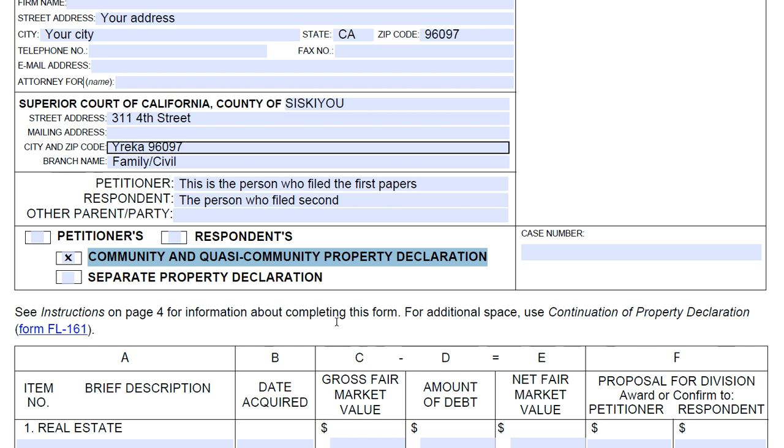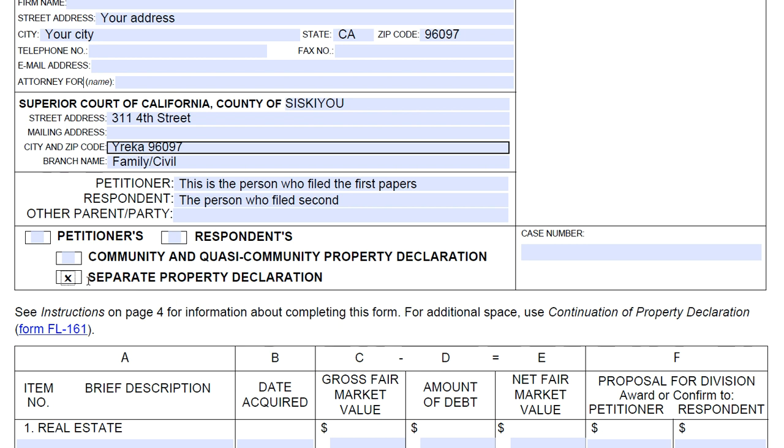So if you are filling out this form to include the community assets, then mark the box next to community and quasi-community property declaration. If you're using this form to inform the court and the other party what items of separate property exist, mark the box for separate property.